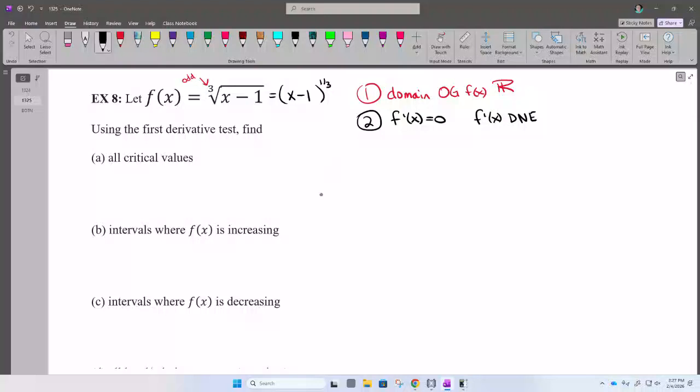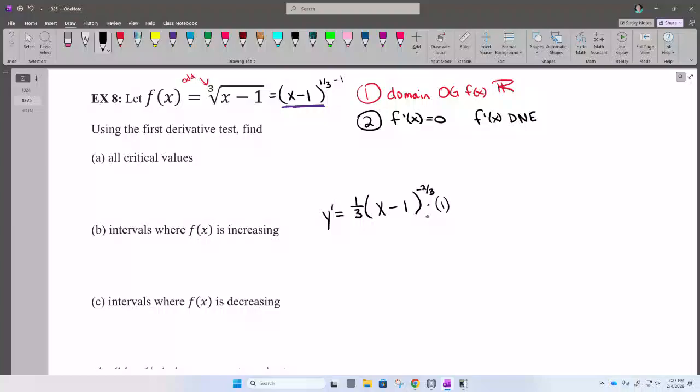Okay. Just taking the derivative, this is going to be a chain rule. I have a bunch of stuff to the 1/3 power. So the derivative is going to be 1/3, a bunch of stuff to the 1/3 minus 1, which is negative 2/3. Copy the stuff in the middle, times the derivative of that stuff, which is just times 1.